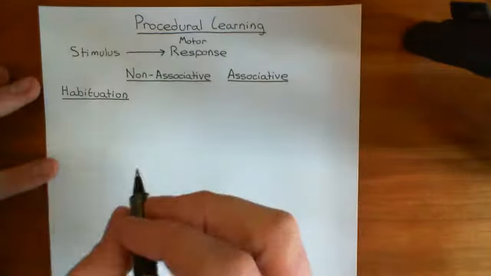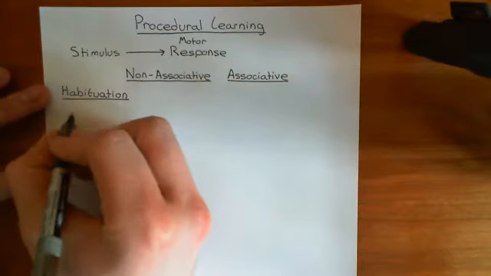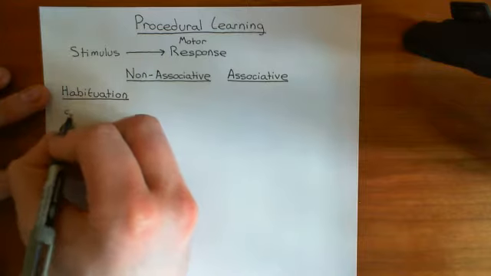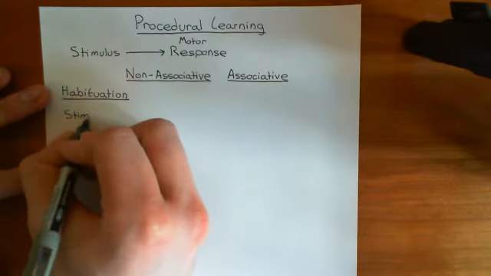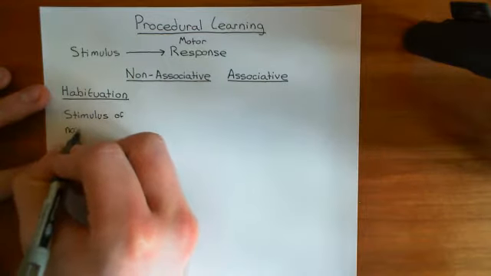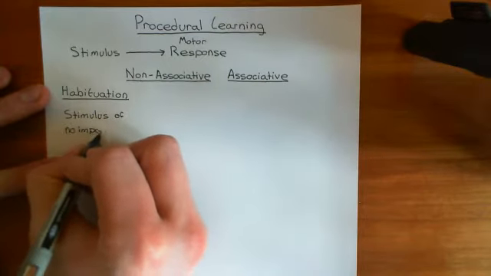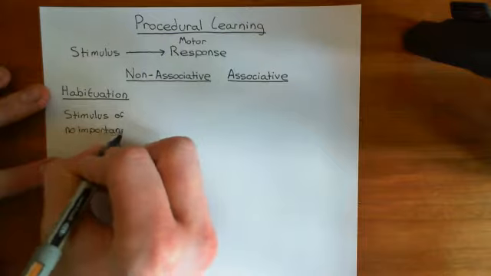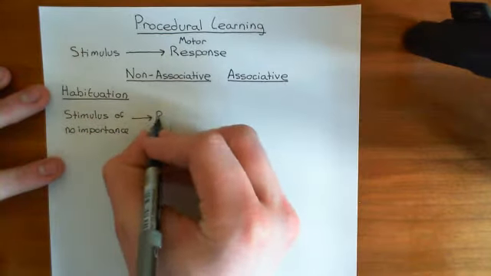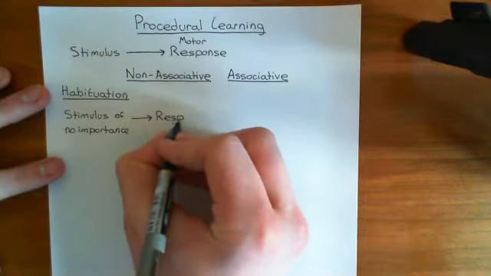Habituation is all about stopping reacting to stimuli of no importance. The idea is that you're not going to produce a motor response to it anymore, so you're going to reduce your response to it.